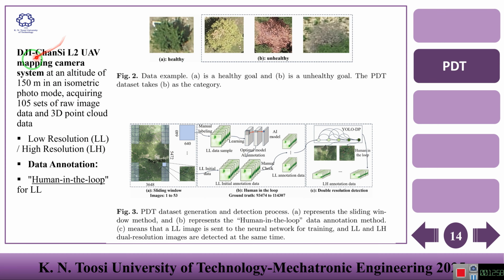So they're using a DJI camera, which has taken its data from 150 meters height, which is pretty high. So one of these datasets can be considered as high altitude. As you see, this is one sample of their image, but this image can't be processed by the model.